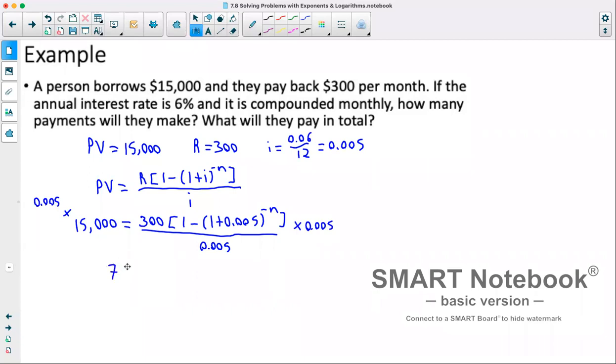So that gives us 75 is equal to 300 times 1 minus 1.005 to the power of negative n. Our next step, I would divide both sides by 300.